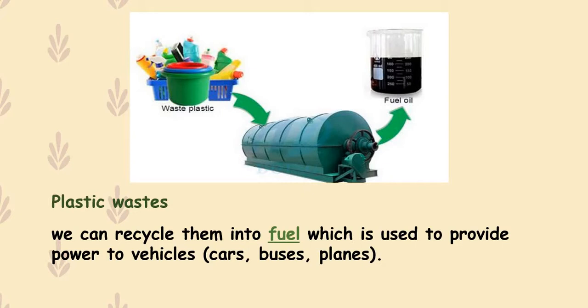Fuel, we use it in the car to move the car, when you add fuel to the car so the car can move. This fuel can be made from plastic waste. By recycling the plastic, we can get fuel, used to provide power to vehicles like cars, buses, and planes.